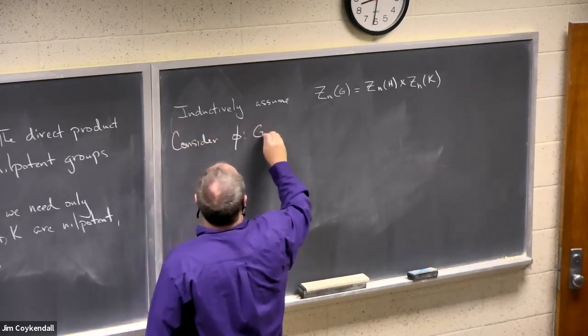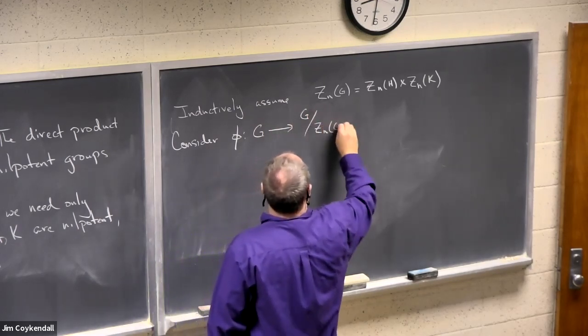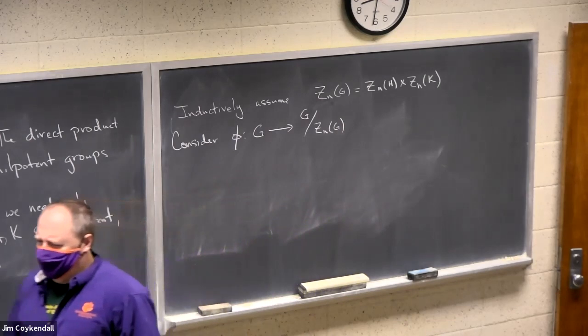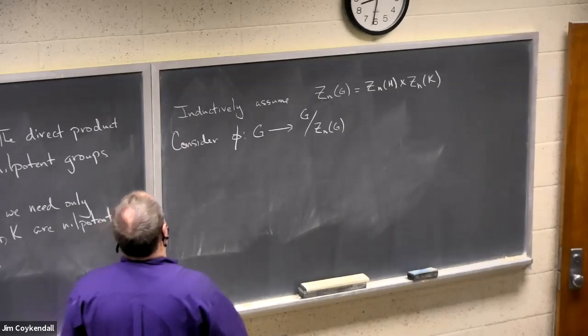And so let's consider the epimorphism G to G mod Z_n G. I'm going to sort of dissect this thing, take it apart a little bit. You can consider this the following composition. So let's break this into pieces here.